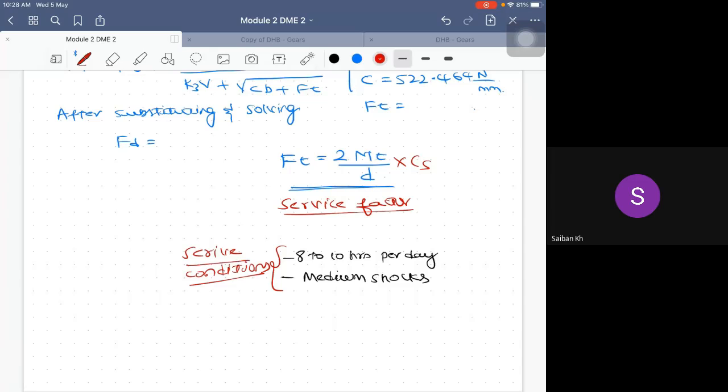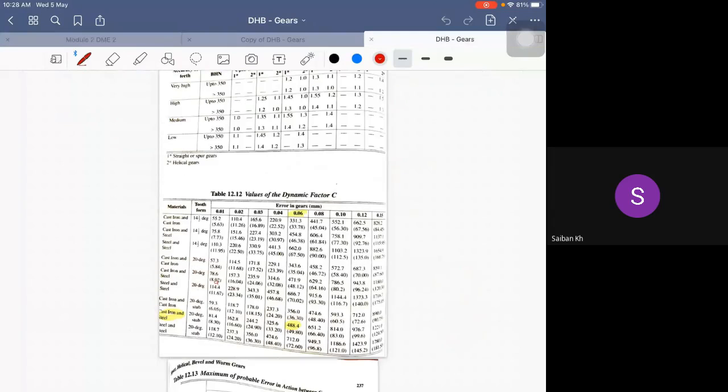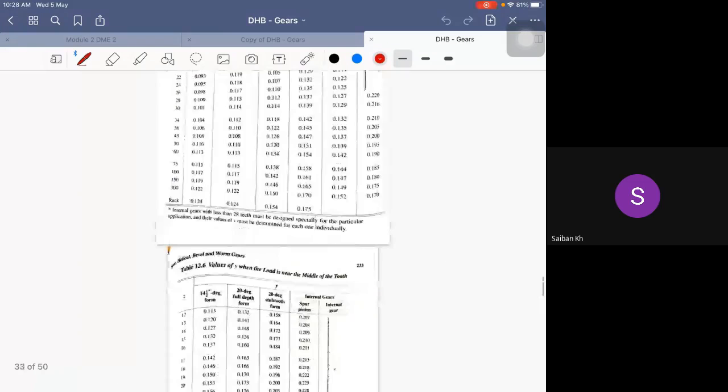So from these service conditions, we should extract the value of CS. Got it? For this, you have a separate designated table to extract the value of the service factor. Can you just check your data handbook and let me know? If you find it, just let me know.